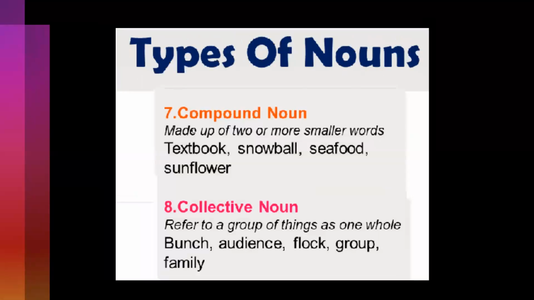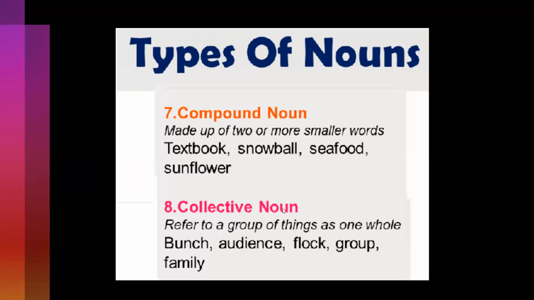Compound nouns are those that are made up of two or more smaller words. For example, textbook is made of text and book. Snowball is made of snow and ball, and so on.